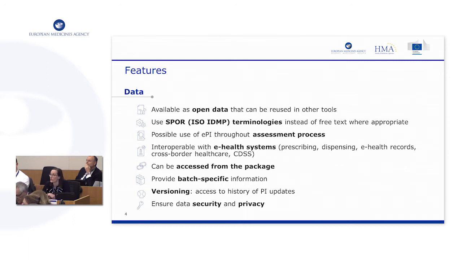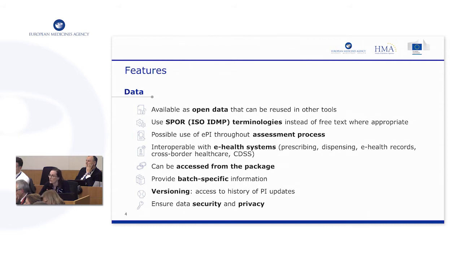This list of features is referring to the data, the EPI data itself. We feel that it should be available as open data so that it can be used and reused in other tools. Also, we feel that the data should use the SPOR terminologies. These terminologies, which are the ISO IDMP terminologies, are already included in some regulatory submissions, and moving forward will be included much further in regulatory procedures.